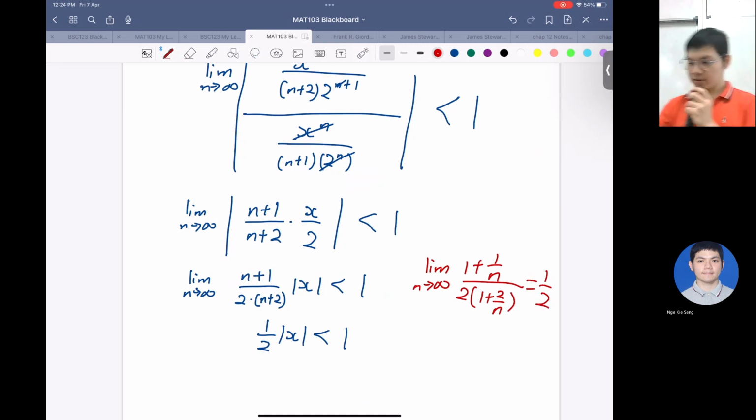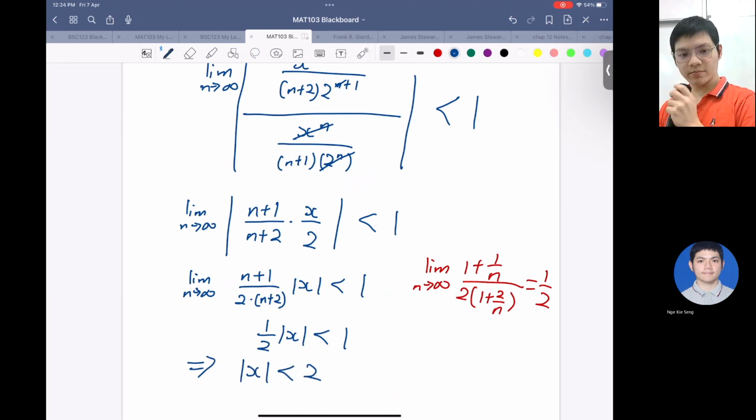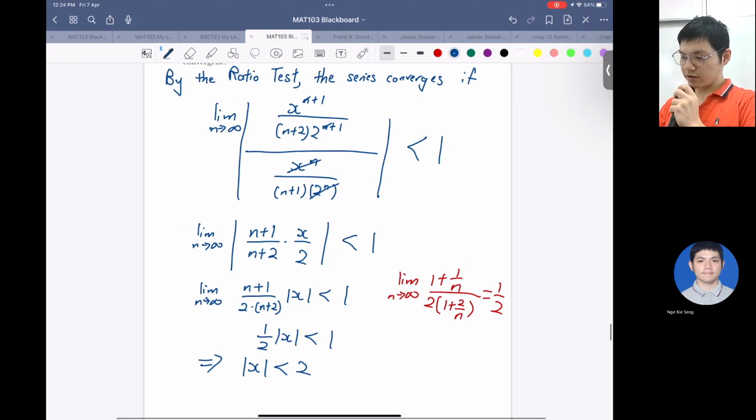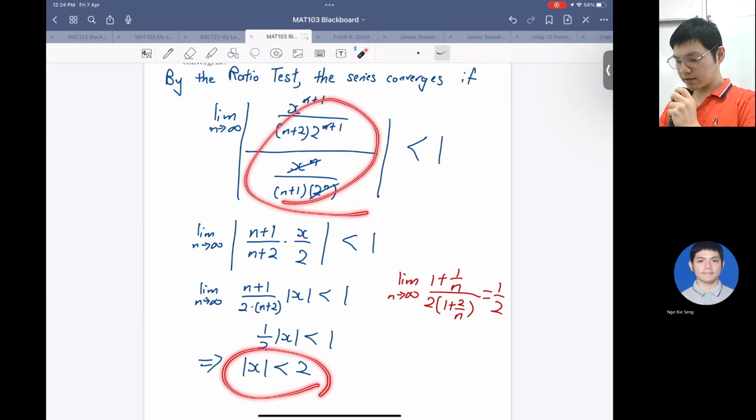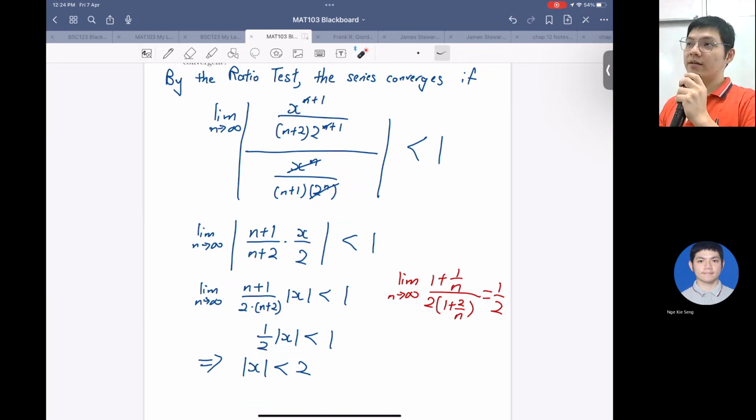Okay. So this implies what? This implies that modulus x is less than 2. So the range, if it's going to converge, gives a condition on x, which is x has to be in between 2 and minus 2.